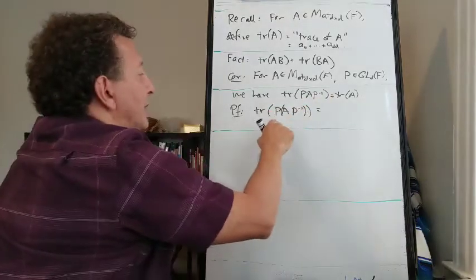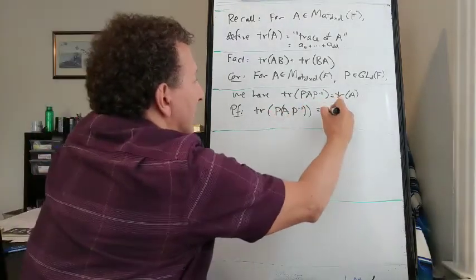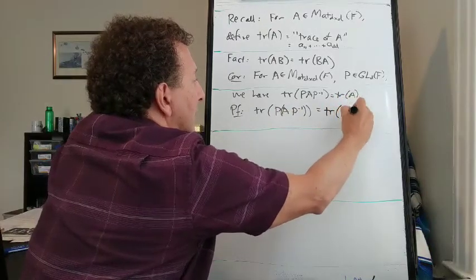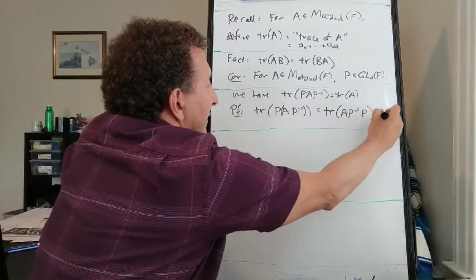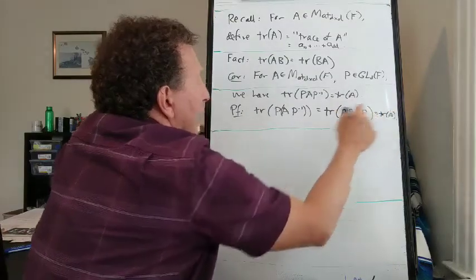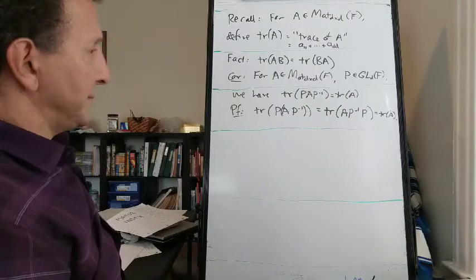And then this is one matrix times another, so we can switch the order. So AP inverse times P, but that's just trace of A, because the P inverse and P cancel each other out.